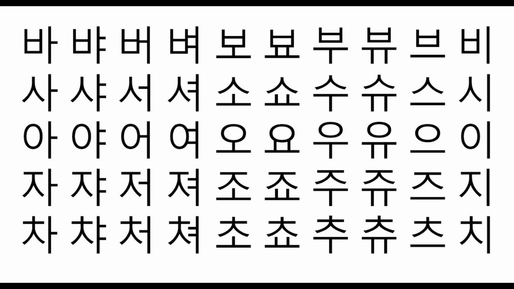Third line is a, ya, o, yo, u, you, e. Now the fourth line, we've got ja, jia, jo, ju, j, ji.